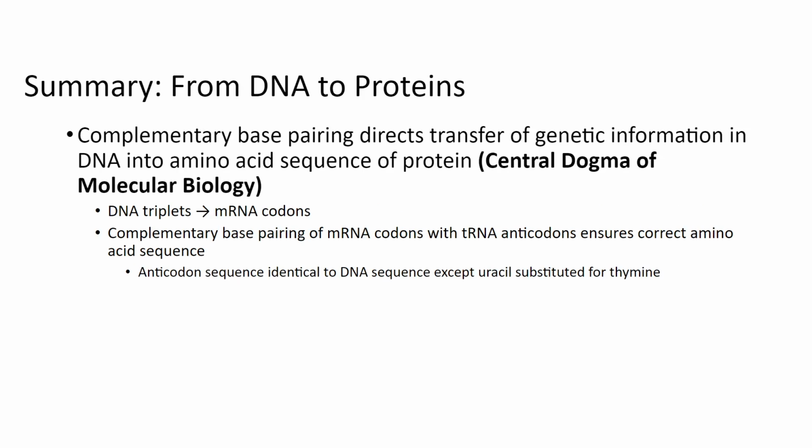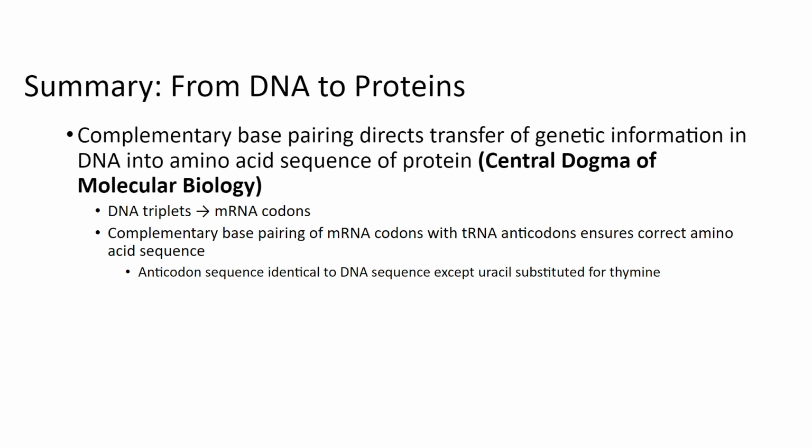So what we've been looking at is essentially a summary of how DNA gets turned into proteins. And that idea, again, of reading a gene and using that information eventually to make a protein is called the central dogma of molecular biology. It's this idea of using DNA triplets to generate mRNA codons, and then having that mRNA transcript made up of codons leaving the nucleus and going to the cytoplasm and associating with the ribosome and the tRNA and the proper amino acids and essentially making a polypeptide.